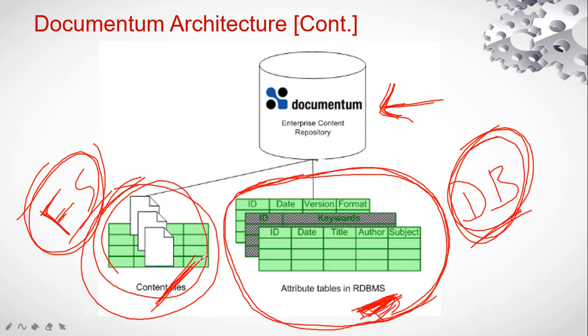In an RDBMS table, this kind of metadata will be stored. That's why I was saying that a Documentum repository consists of two parts: the file system and the database part. The file system will store the actual content file, and the RDBMS database will store the metadata of that content file.